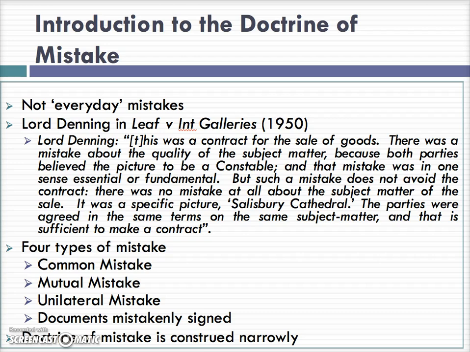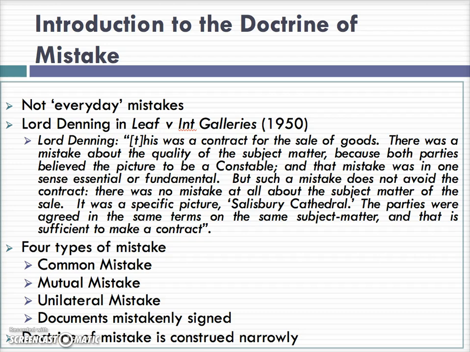Now, Leaf is an instructive case for this, because Leaf is a case where everyone would agree that a mistake was made, and in fact both parties made the same mistake, and so it might follow that the contract that resulted from that mistake should be voided, but it was not.